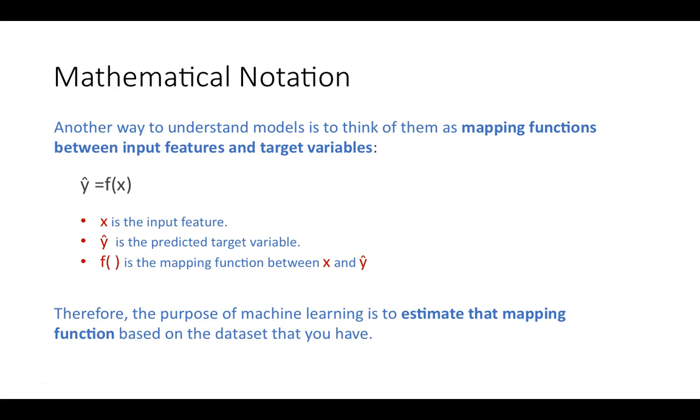Therefore, the purpose of machine learning is to estimate that mapping function based on the data set that we have. Basically, we don't know the real relationship. We don't know the accurate mathematical function. So a model's role, or machine learning's purpose, is to estimate that.